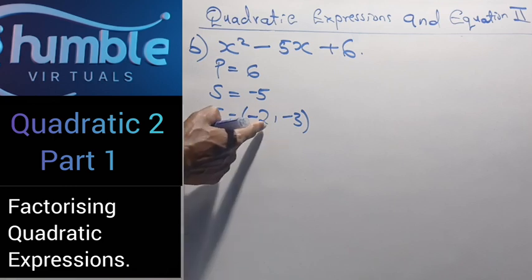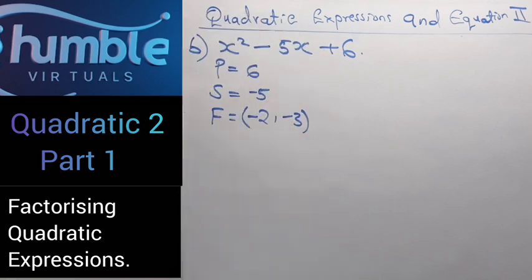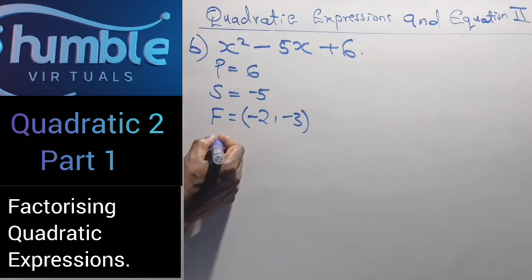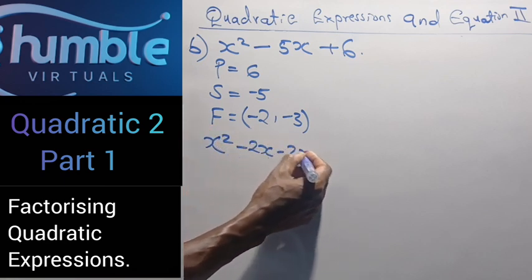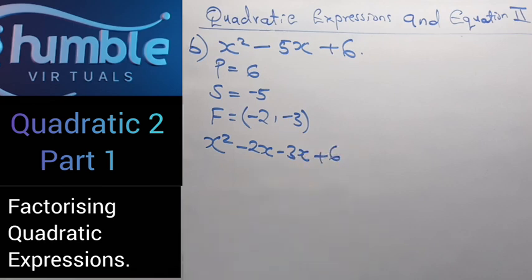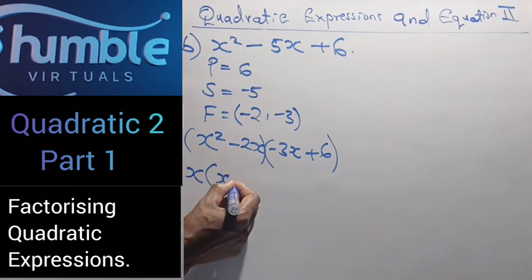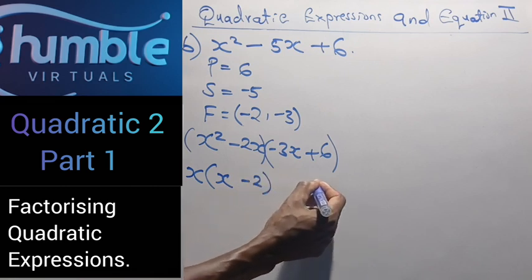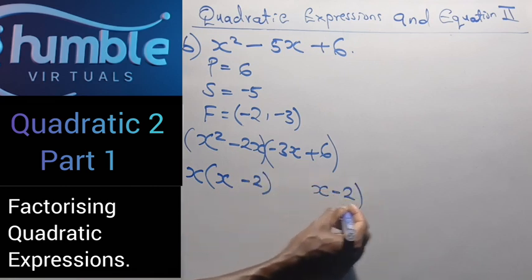Then these two numbers will be used to replace the number in the middle. So we shall now have x squared minus 2x minus 3x plus 6. The common number in the first pair is x, so it will be x into x minus 2. The other bracket will also have x minus 2.